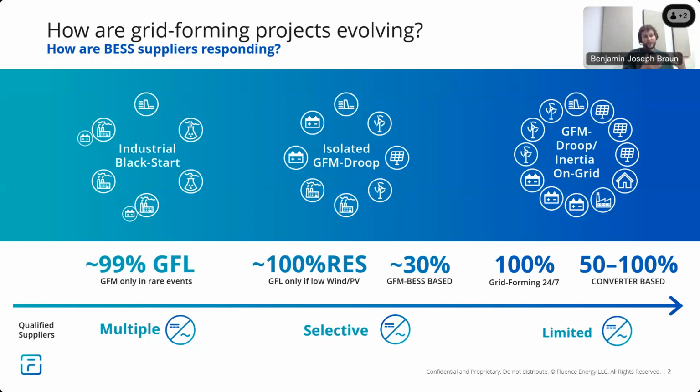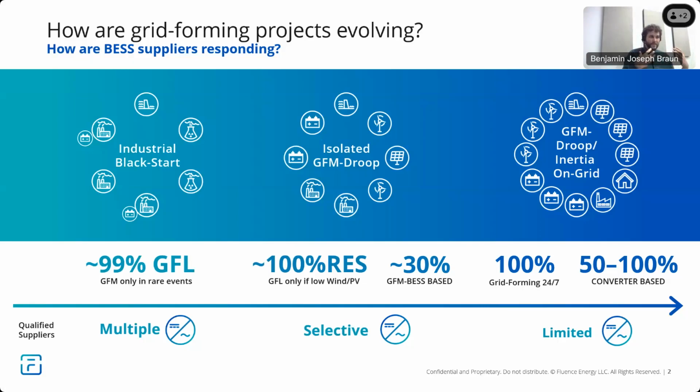And they need to do so in a way that is faster and more robust than grid following solutions, which we've used so far. And again, we saw that of our PCS suppliers, fewer and fewer could actually offer these types of capabilities.